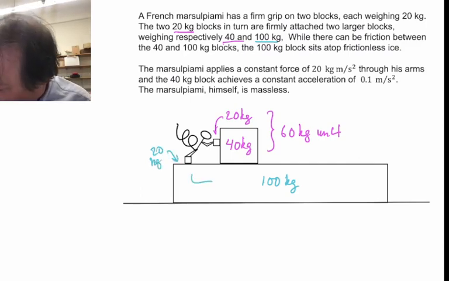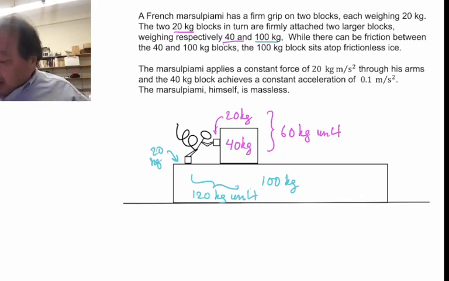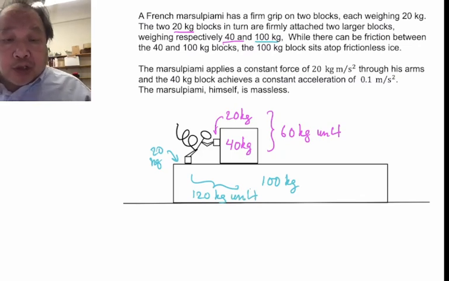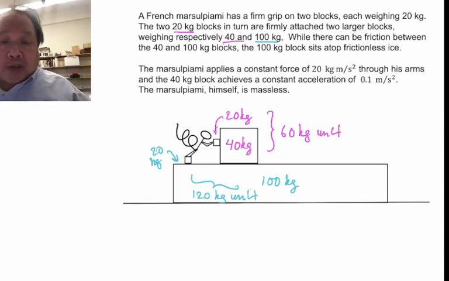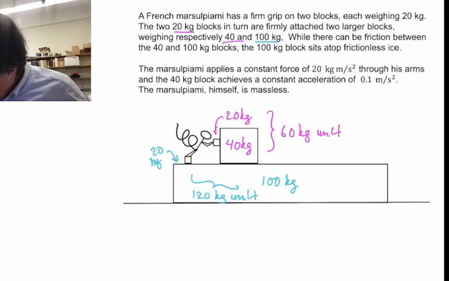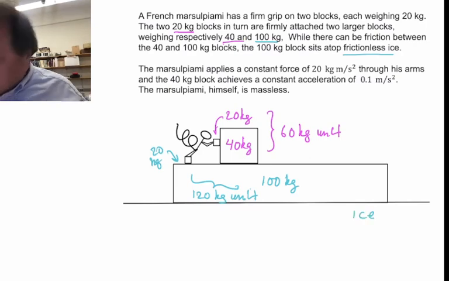So we now have a 120 kilogram unit. And there is friction between the magenta and the aqua units, but the two of them sit on ice. So this is ice and is frictionless.